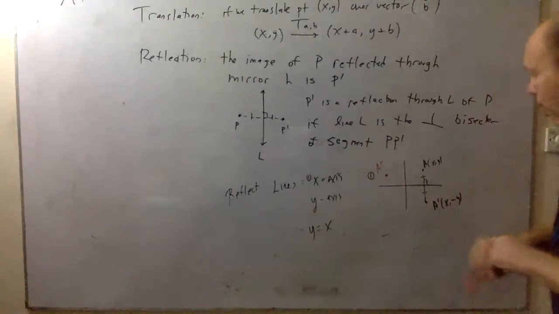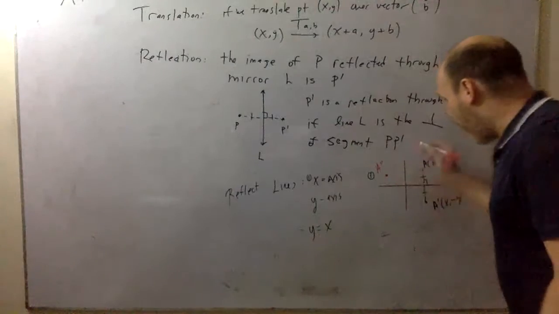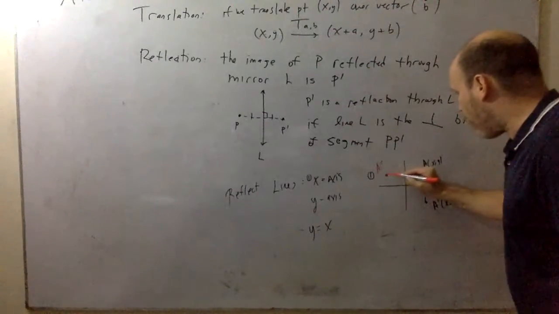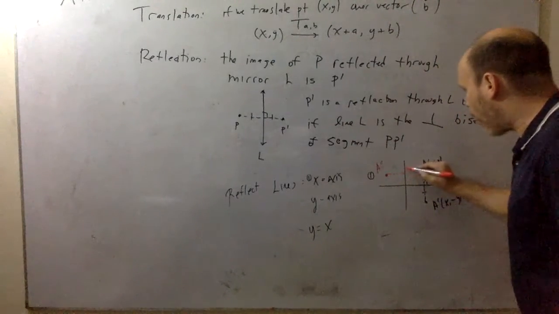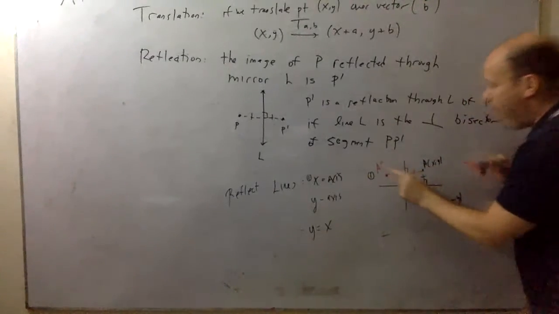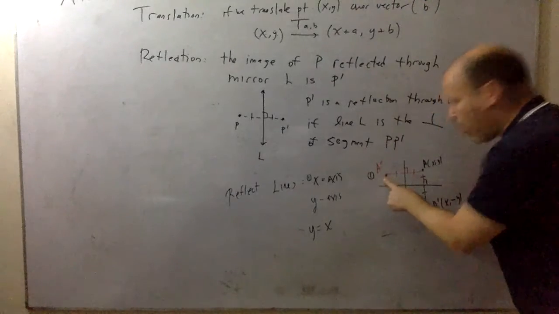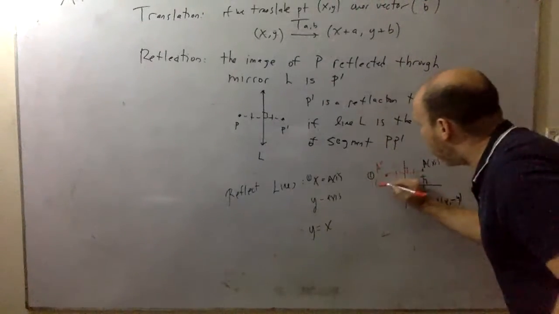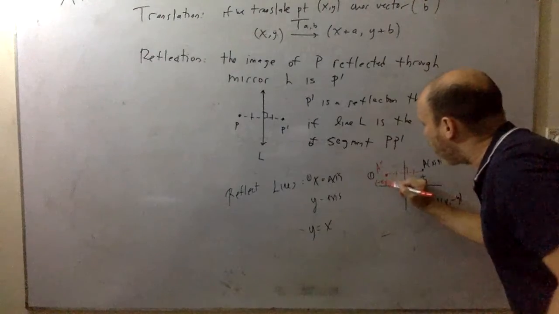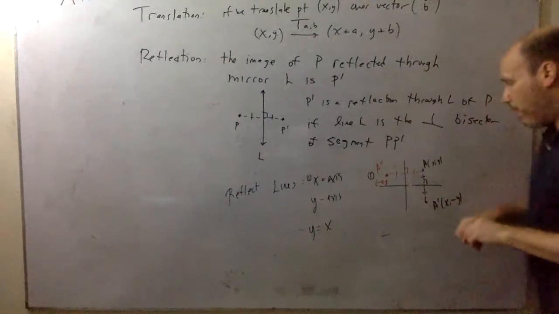The y-axis is a mirror because it's the perpendicular bisector of the segment AA double prime. When we reflect over the y-axis, what's the image? Negative x, y. The height hasn't changed, but the x value has changed.